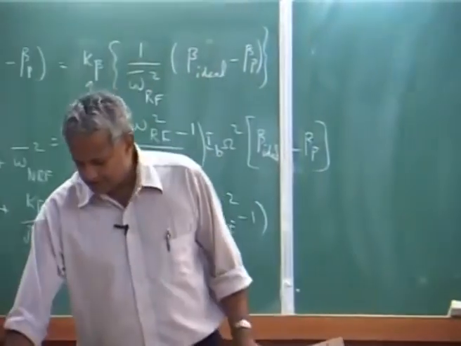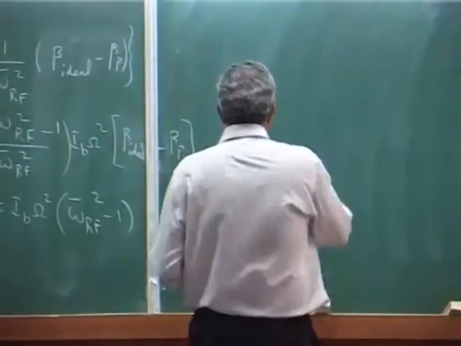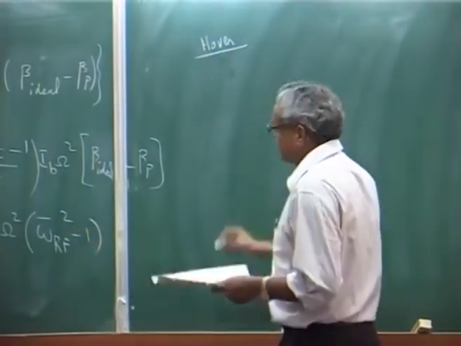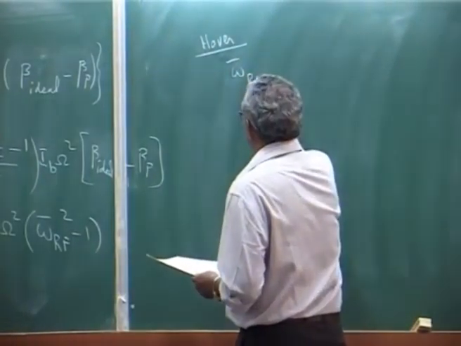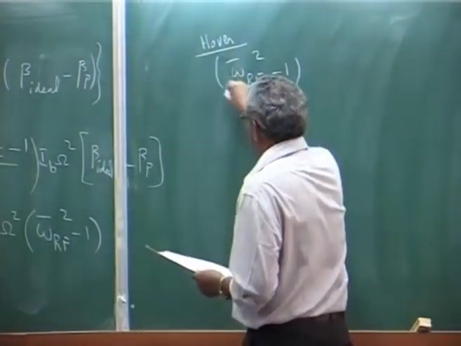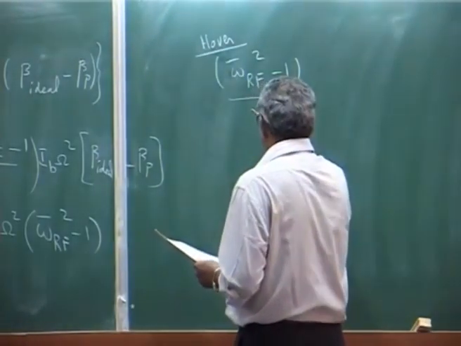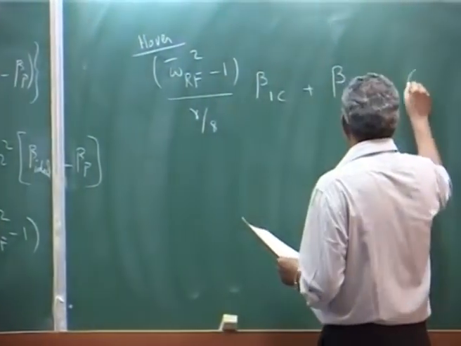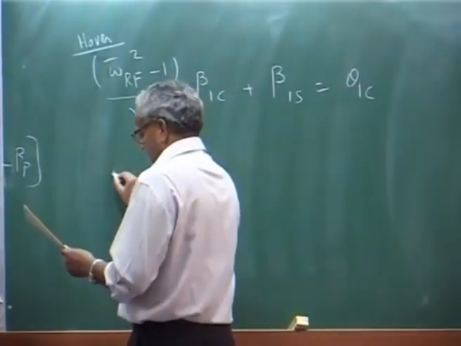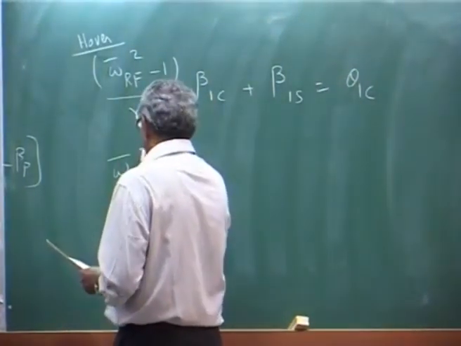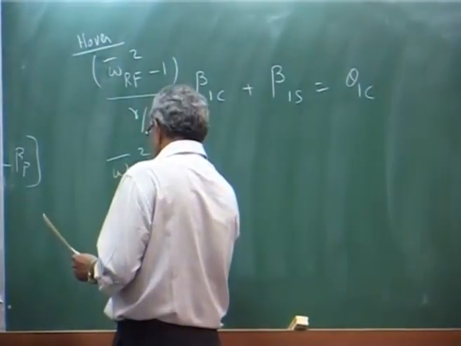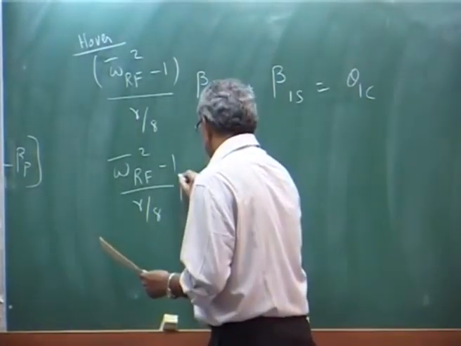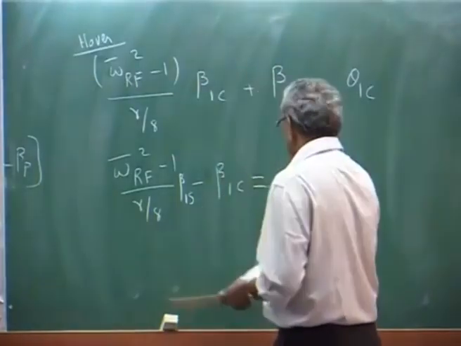We will derive only for the hover case, but you will find that if you restrict your case to hover, the relationship between this, I am writing it from the notes which I wrote last time. Okay. And then omega RF square minus 1 divided by gamma over 8 minus beta 1 c, sorry, beta 1 s equals theta 1 s.